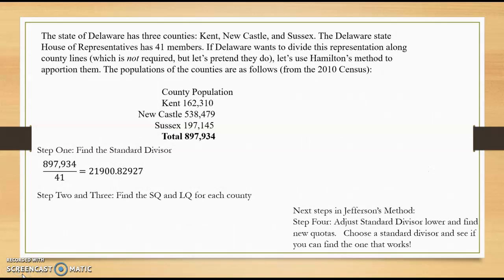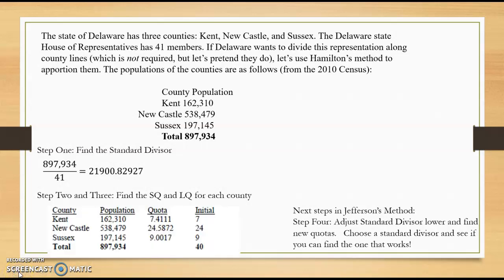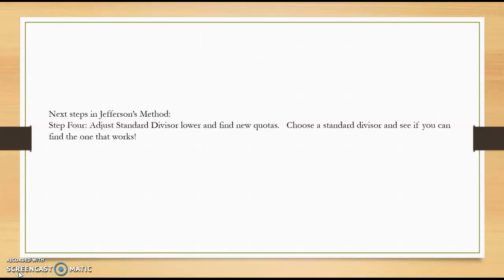Looking again at our Delaware example, we have our 3 populations and our total population. We go through our initial steps just like Hamilton: find our standard divisor, find the standard quota and our lower quota. In this case, we want to adjust the standard divisor.